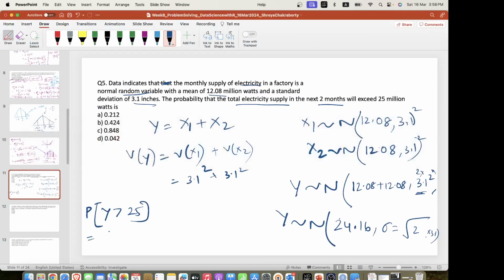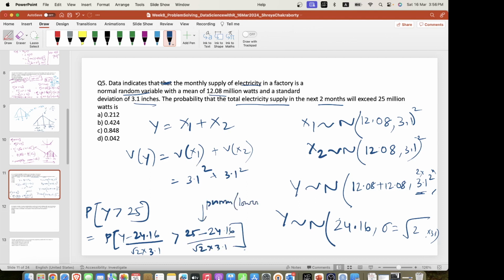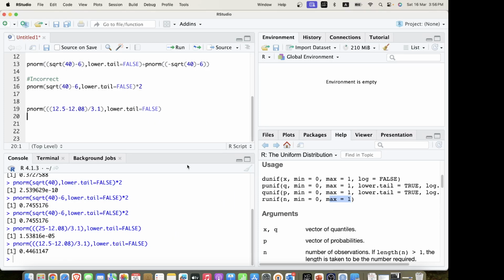Now the probability that Y would exceed 25 is the probability that (Y minus 24.16) by sigma, that is root 2 into 3.1, is greater than (25 minus 24.16) by root 2 into 3.1. So here we will give pnorm, and lower.tail should be false. Let us just do that.